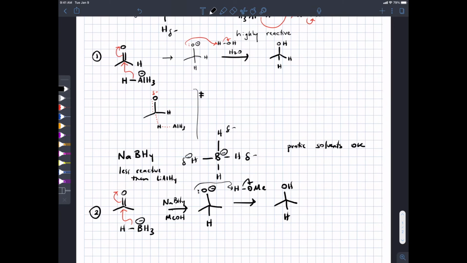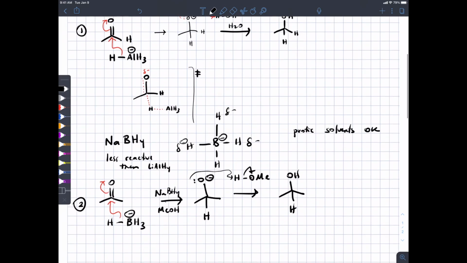Similarly, you don't need to memorize that ketones react with sodium borohydride or with lithium aluminum hydride to give you secondary alcohols, which is what this is, because that's just a natural consequence of the reactivity of a ketone and the hydride delivery reagent.